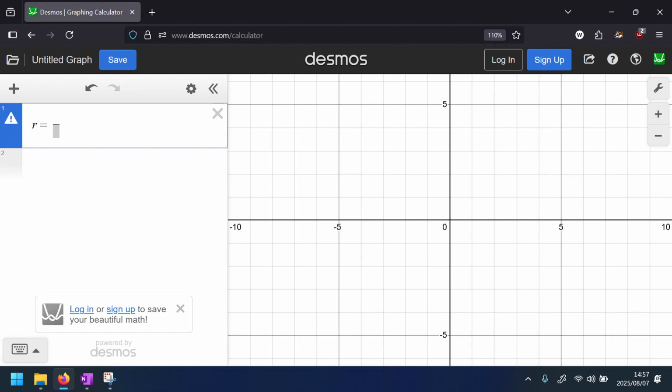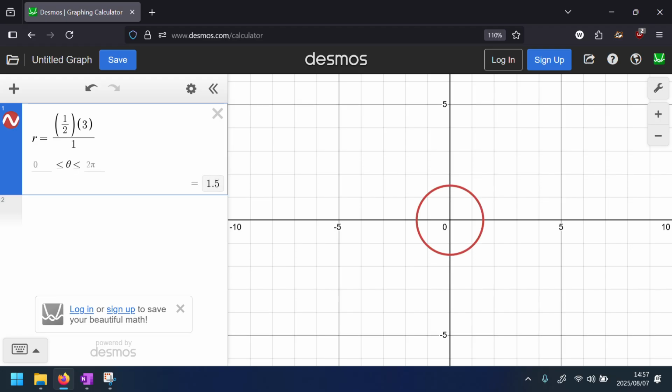Okay, so what does e have to be for it to be an ellipse? Something less than 1. So let's take a half. That will be our e value. Then we need d, that will be the directrix. Let's say 3, something like that. Then we have 1. Don't worry about that yet.